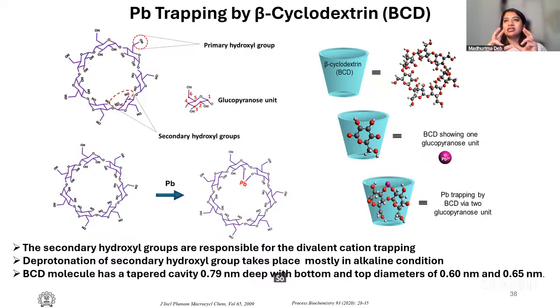So this is for one glucopyranose unit, and this is how it interacts with one glucopyranose unit, and that's how it gets stuck within the cavity. And that is what my hypothesis is, that that is what is happening in the case of my beta cyclodextrin modified or functionalized reduced graphene oxide.